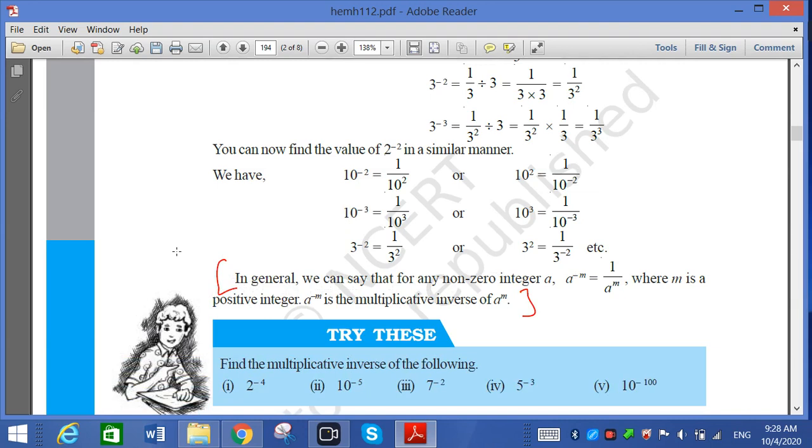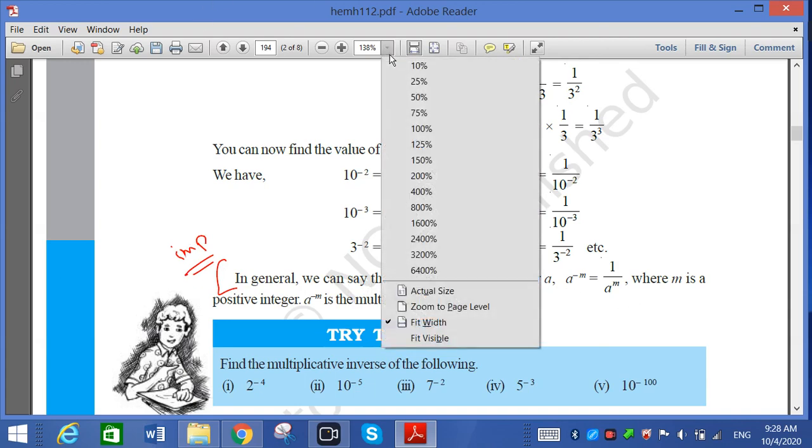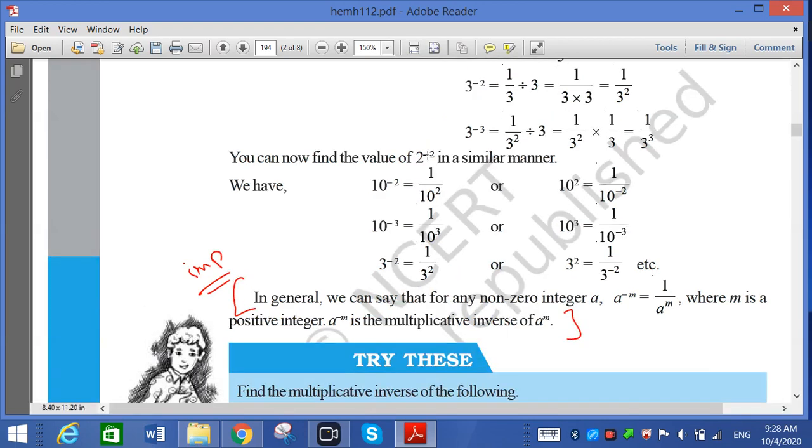This is the first point. In general we can say that for any non-zero integer a, a to the power minus m is equal to 1 upon a to the power m, where m is a positive integer.